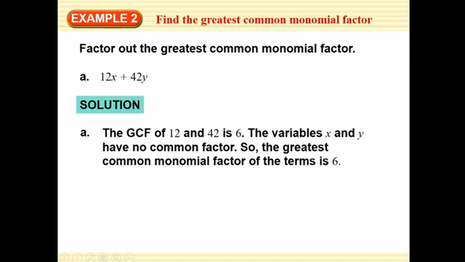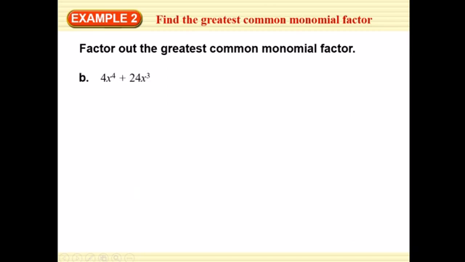That's the biggest number that I can divide both of them by evenly. And so then I undistribute it. Alright, so I factor it out. So when I divide both of them by 6, I should get 2x plus 7y. So that is like undistributing.